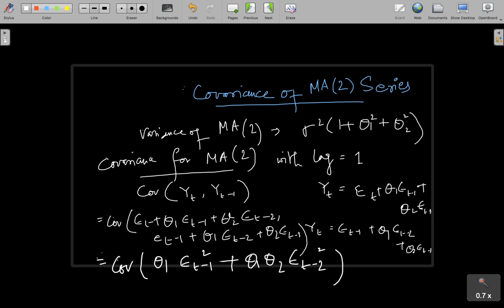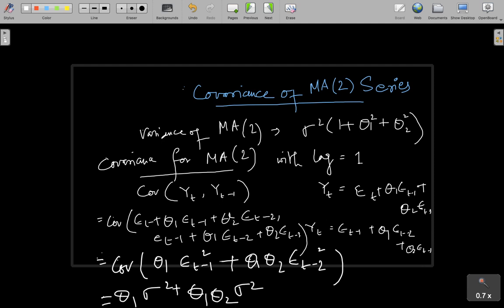Now the expectations of epsilon t minus 1 square and epsilon t minus 2 square basically give us the variance of the error term, which is nothing but sigma square. So I can write theta 1 sigma square plus theta 1 theta 2 sigma square.